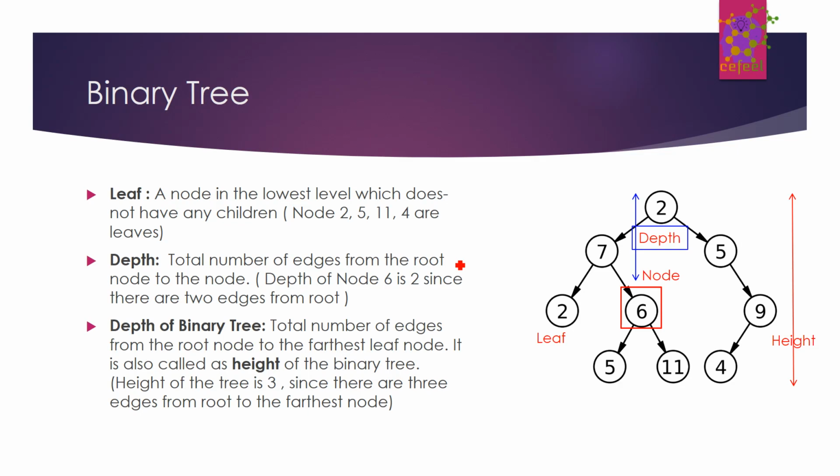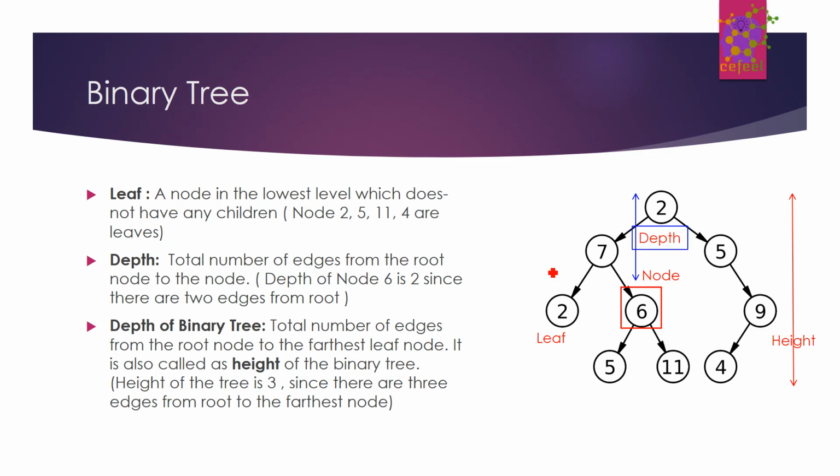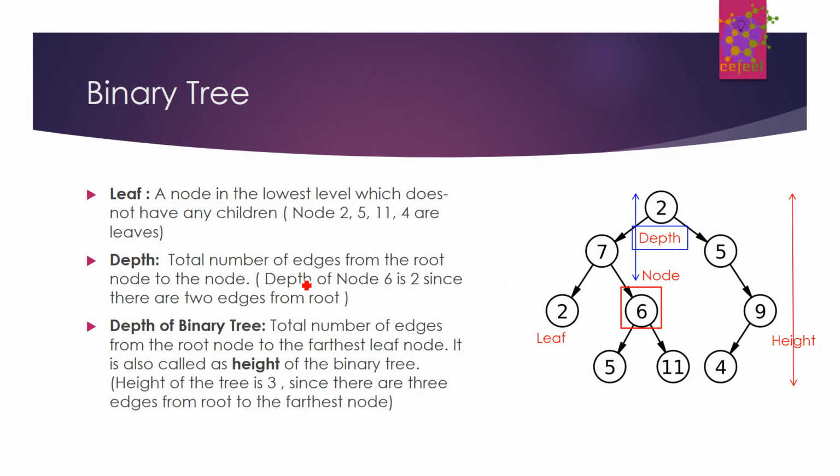So in this case, if we see 2 as the root node, the farthest nodes could be 5, 11 or 4, and in each case the total is basically 4, which means we can go from node 2 to node 5, 5 to 9, 9 to 4. We also sometimes call the depth of a binary tree the height of the binary tree. So in this case the height of the binary tree is 3.